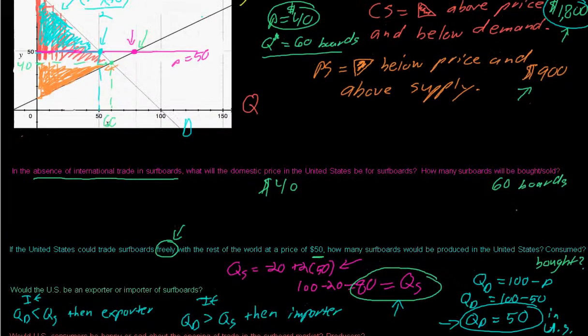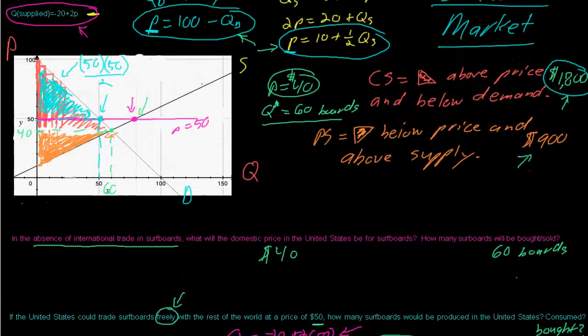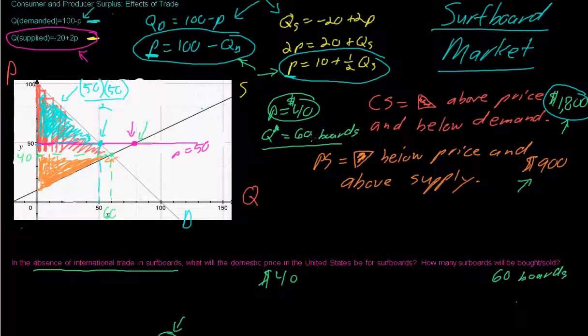So this picture is going to get a little bit messy now, but we're going to go ahead and do the same for producers. And so let's pick a very dominant color. You know what, we'll do a dark blue. Okay, so remember, producer surplus is the area below the price line and above the supply line. So the new world price is now $50 a board, and our supply line has stayed exactly the same.